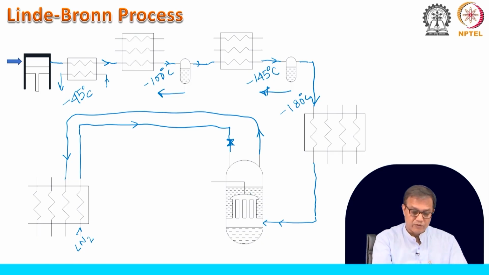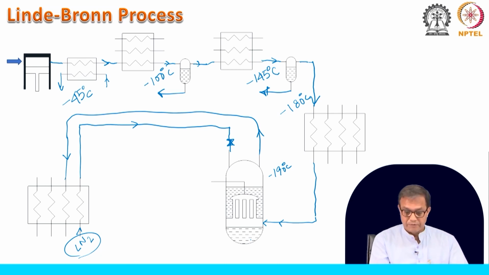These tubes will be cooled with liquid nitrogen to nearly about minus 190 degree centigrade in this condenser evaporator. Here at this point, as we told, the gas comprises hydrogen, nitrogen and some amount of methane. Methane will be getting condensed and stored over here, and there is also some amount of nitrogen in it.